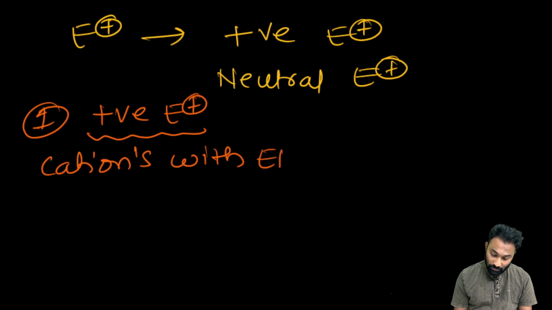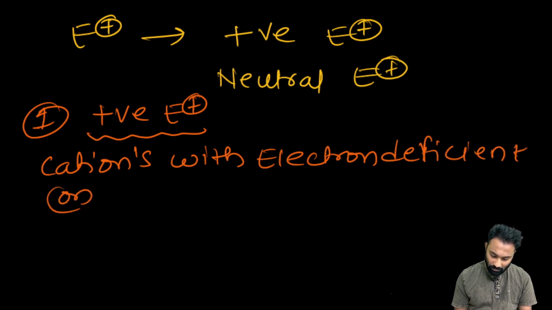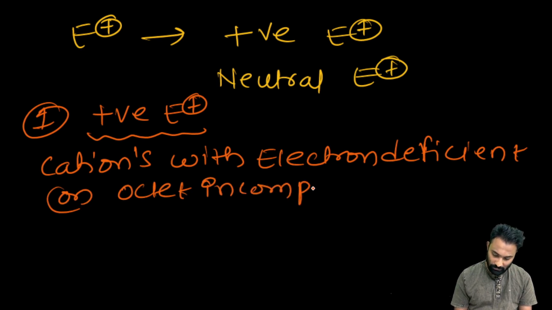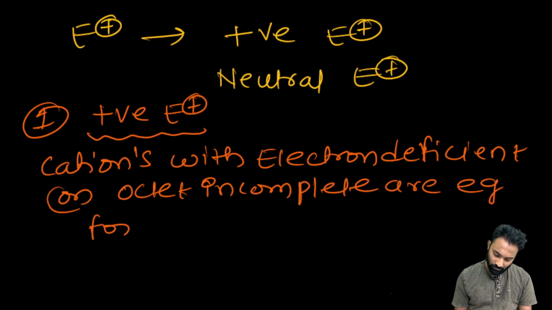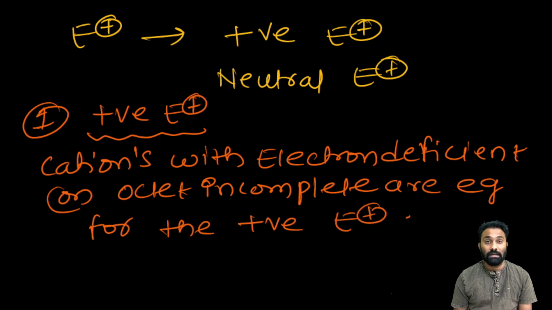Cations with electron deficiency, octet incomplete, are examples of positive electrophiles.